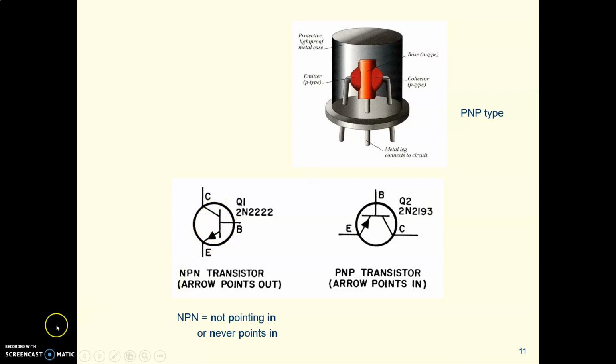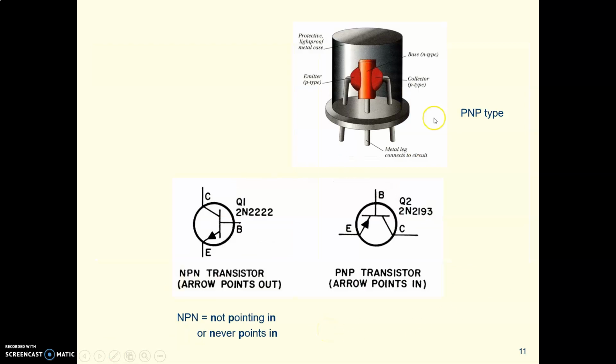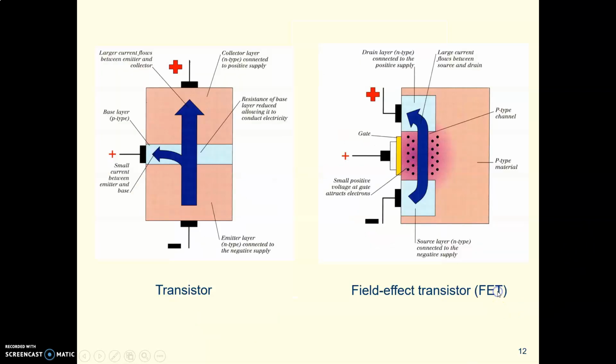The arrow is pointing out, and the way to remember that that's an NPN is to think never points in. This arrow never points in. And never points in begins with the letters NPN. So that's the kind of transistor it is. Then the PNP that does have the arrow pointing in is just the other one.